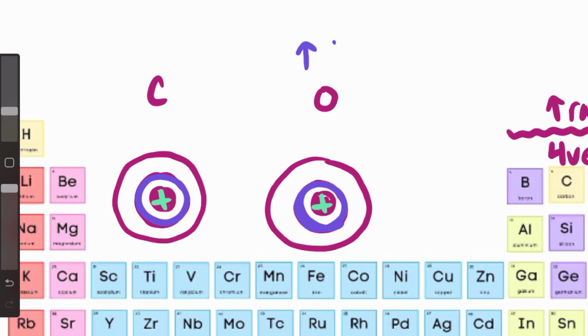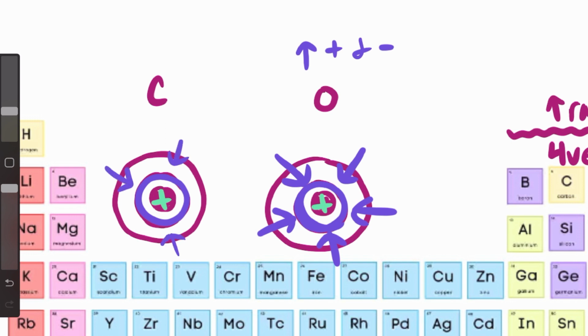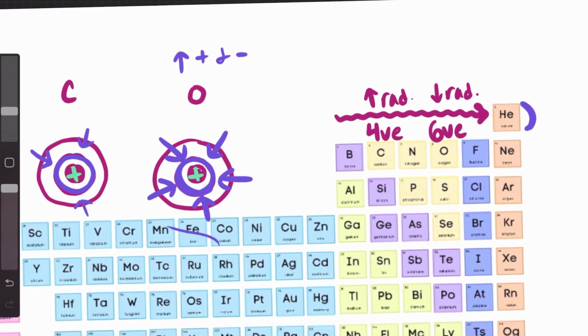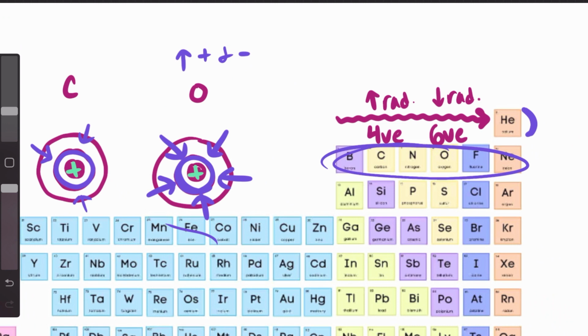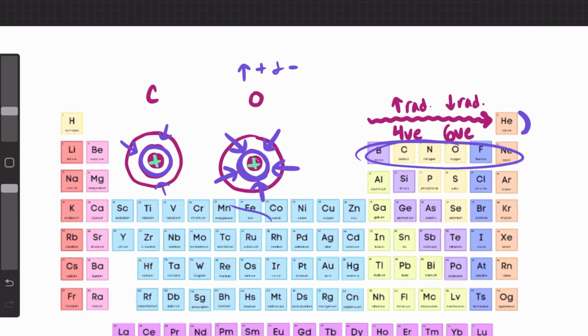However, for oxygen, there's going to be more positives and negatives in total. So it's going to compress down towards the nucleus more than it would compress for the carbon. And because shells aren't a factor, because we are staying within the same row, it compresses the overall size without any other factors and causes it to be smaller.